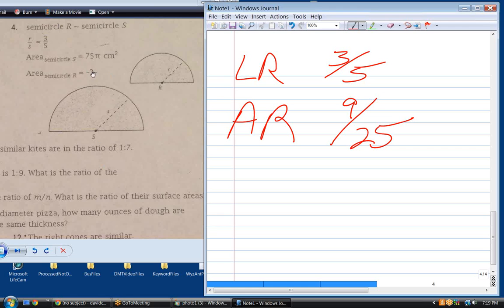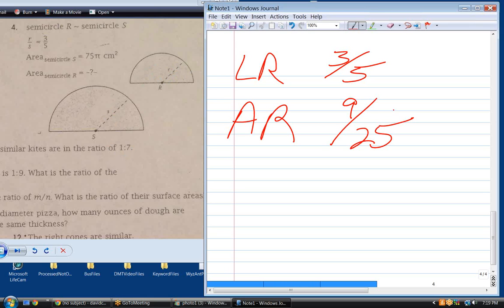Well, so all you need to know is that this S, the linear measurement of the big semicircle, is 75 pi. Sorry. The area of the big semicircle is 75 pi. Yeah. The area ratio is 9 to 25, right? Yeah. So how am I going to get the area of the little circle?